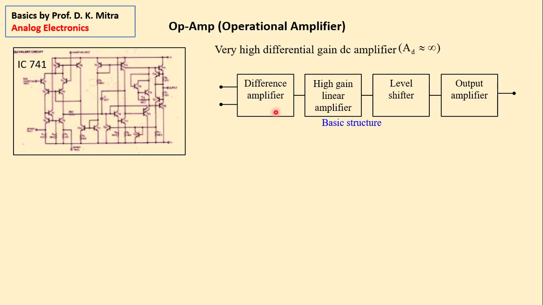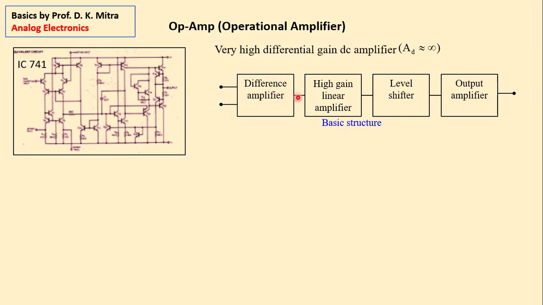Now we can describe an operational amplifier by this basic structure. There is an input stage, which is a difference amplifier. The same difference amplifier that we learned yesterday. There are two inputs, one here, one here. The output of this difference amplifier is the amplification of the difference of these two inputs.